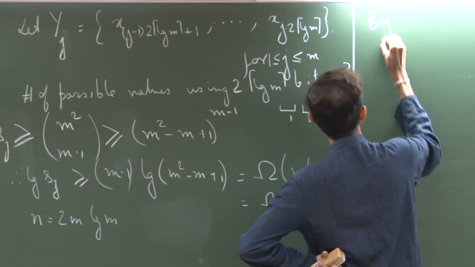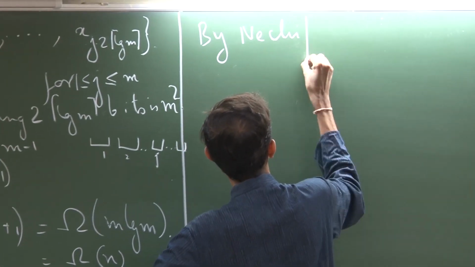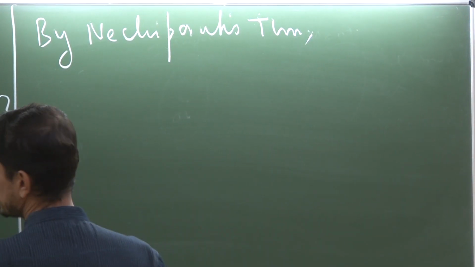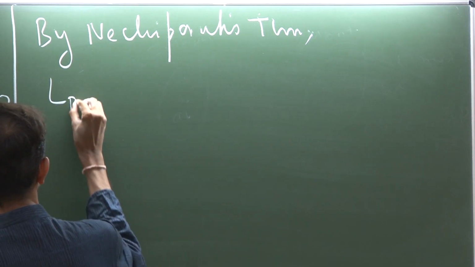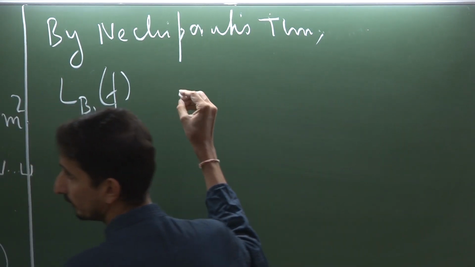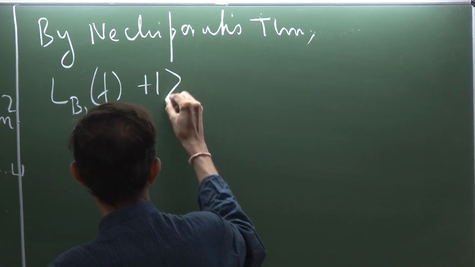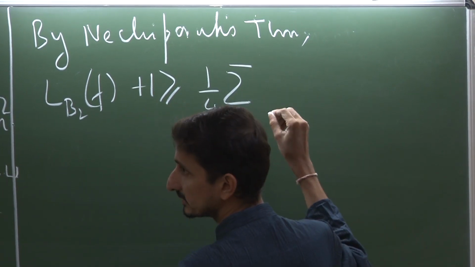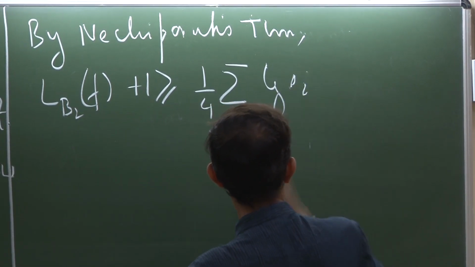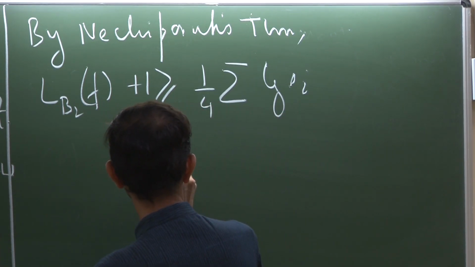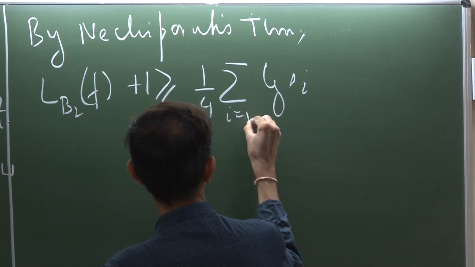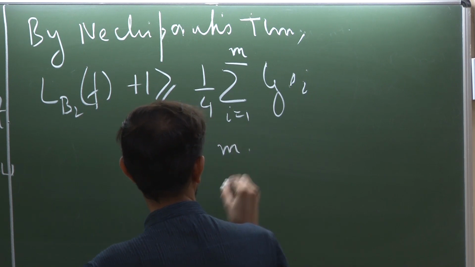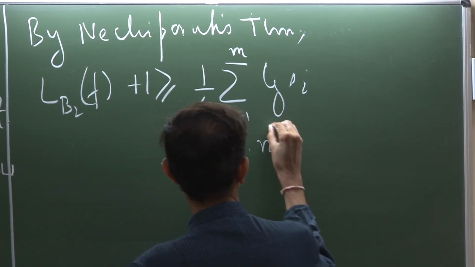By this theorem, what we get is that L B2 of f plus 1 is greater than 1/4 sigma log of S i, with i going from 1 to m, which means that this is greater than m times n.